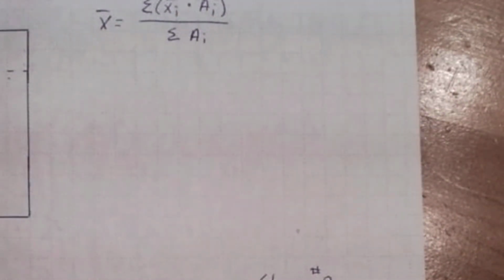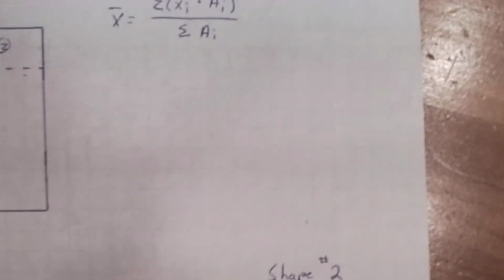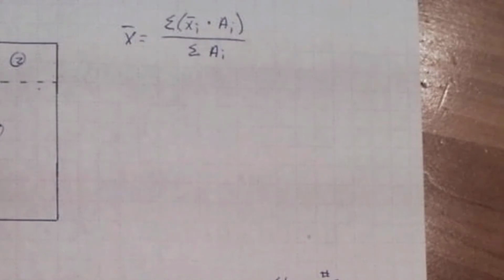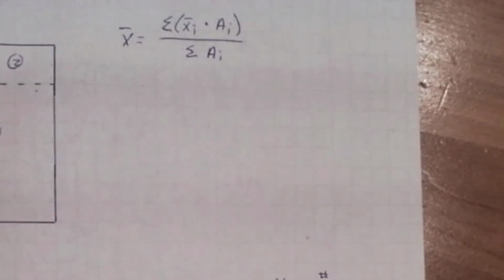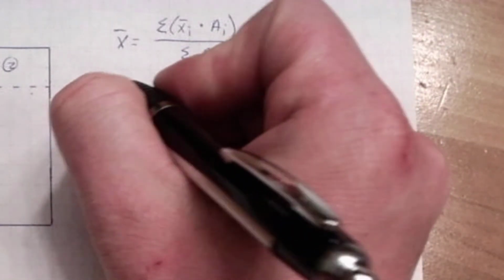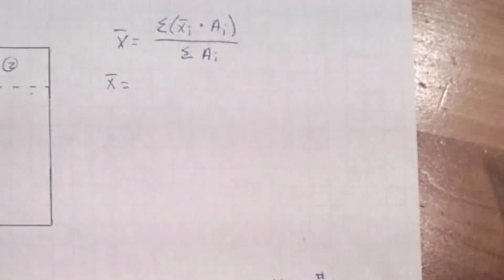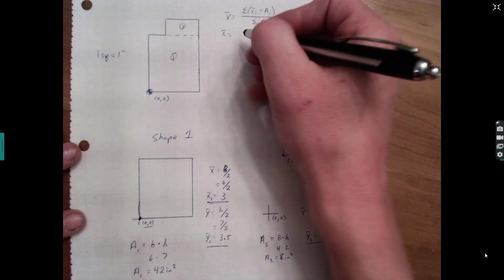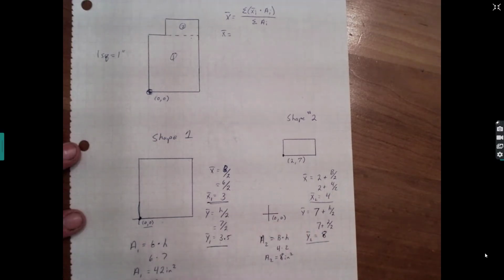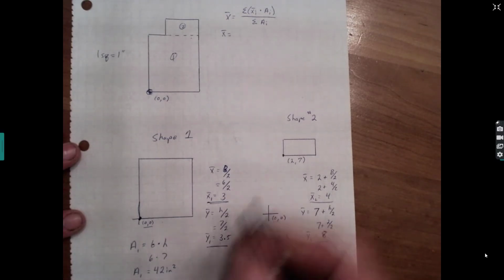So we have two shapes here, so we're going to do this 2 times. We're going to say x bar equals the x bar of shape 1, which is 3, times the area, which is 42.